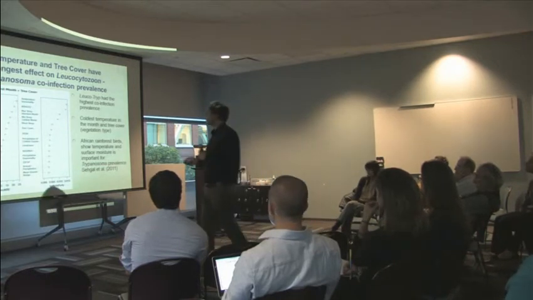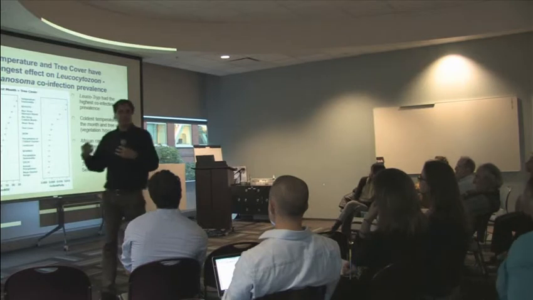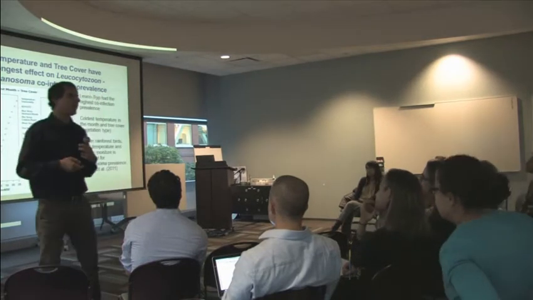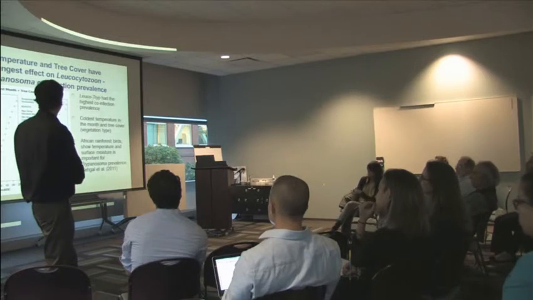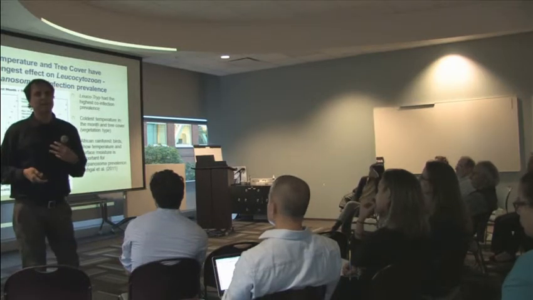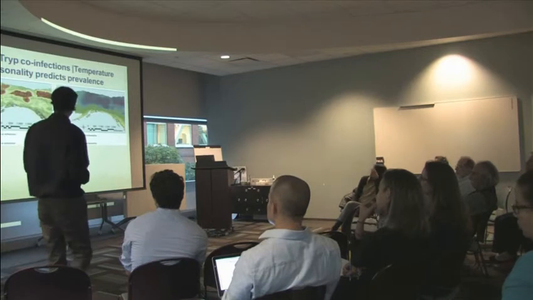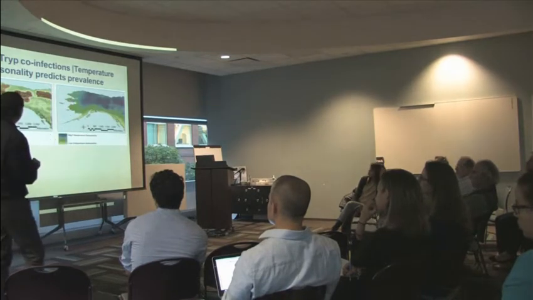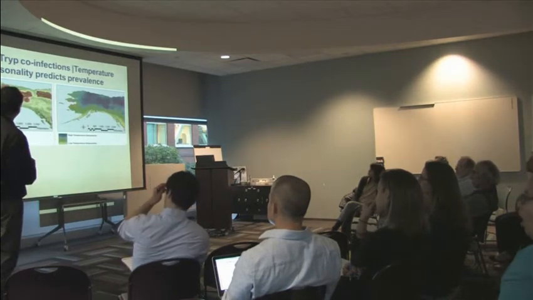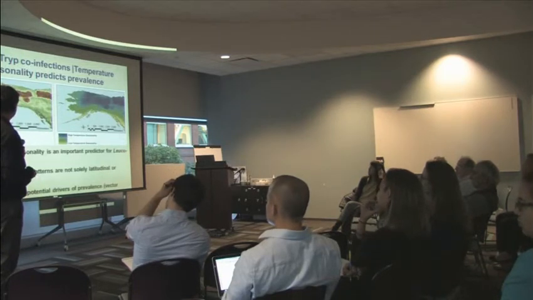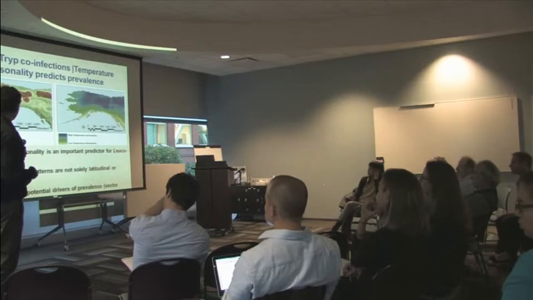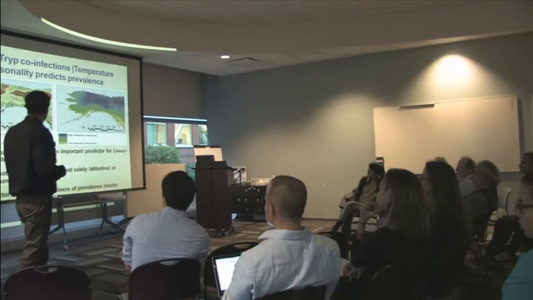And so here we're doing a little bit of that, trying to predict what these interactions of pathogens are doing for malaria, and how the main indicator, again, is temperature. So temperatures are affecting these co-infections. Here are our maps for how we think these co-infections will be affected, and these are our hotspots for these co-infections. So it's not only latitudinal or temperature driven, there are other potential drivers such as vector abundance.